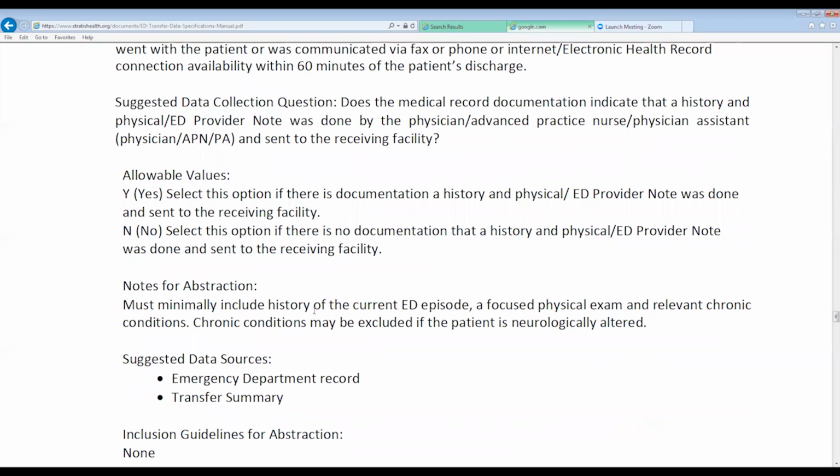It has to minimally include a history of the current ED episode. Why are they there? A focused physical exam around why they're there, what's the issue, and any relevant chronic conditions. And you would exclude chronic conditions if that patient was neurologically altered, if they couldn't tell you that they had asthma or they were a diabetic, okay? Otherwise, that's relevant chronic conditions.